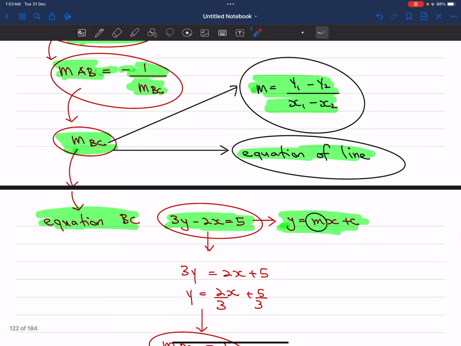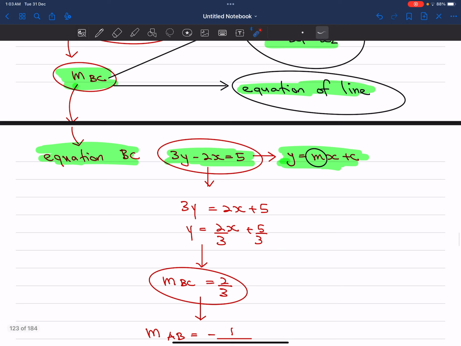So what am I doing now? I will take the equation of BC and change it to y equals mx plus c. For that, I have to transfer the negative 2x to the right hand side. It becomes 3y equals 2x plus 5. And then I have to transfer the 3 to the right hand side, which means each term, 3y, 2x, and 5, I'm going to divide by 3.